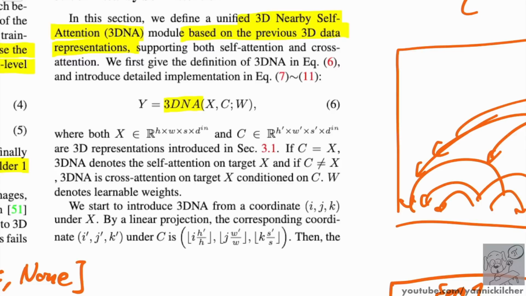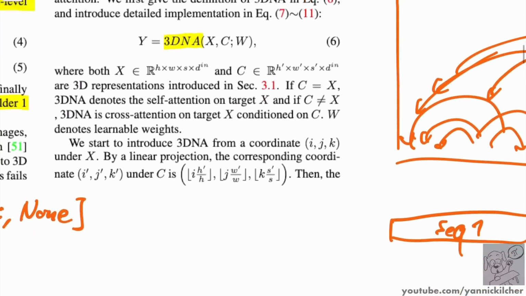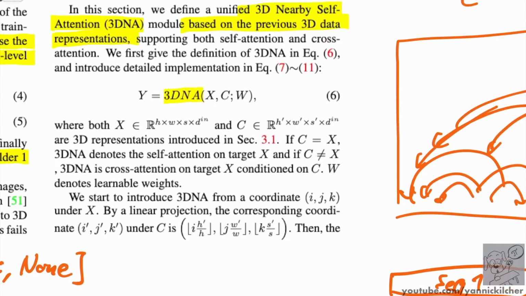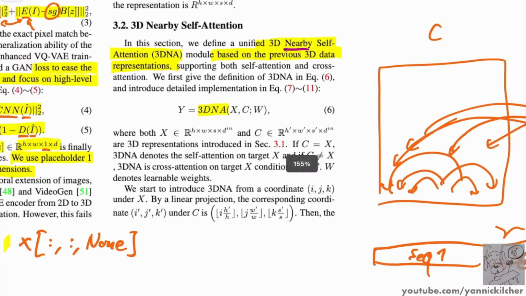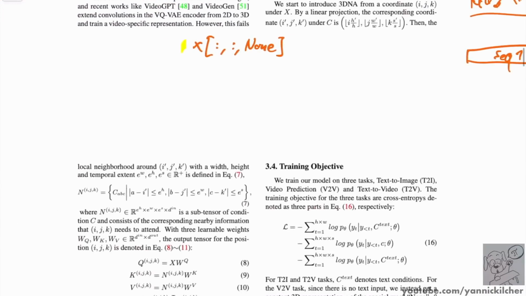But the 3D comes in when they discuss how they do their attention. By nearby, they essentially mean local attention. So what they're going to do is local attention in this 3D tensor. That is, I think, what I could gather so far.